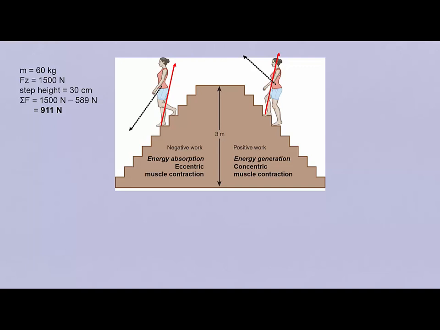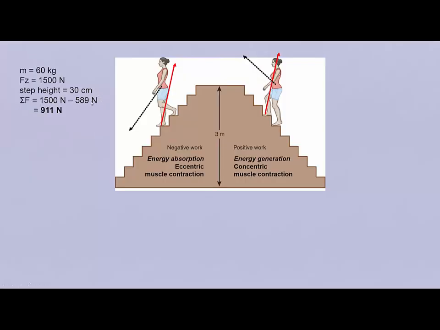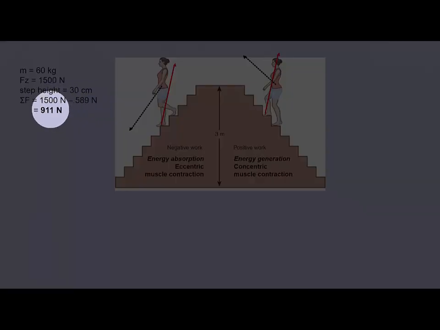Now, very important, according to Newton's second law, acceleration is directly proportional to the net force, as shown here. So we have to calculate the net force, which really is just the sum of the ground reaction force and her weight. It's 1500 newtons minus 589 newtons. Why? Because gravity is negative 9.81 meters per second squared. So therefore, her net force for each step is 911 newtons.